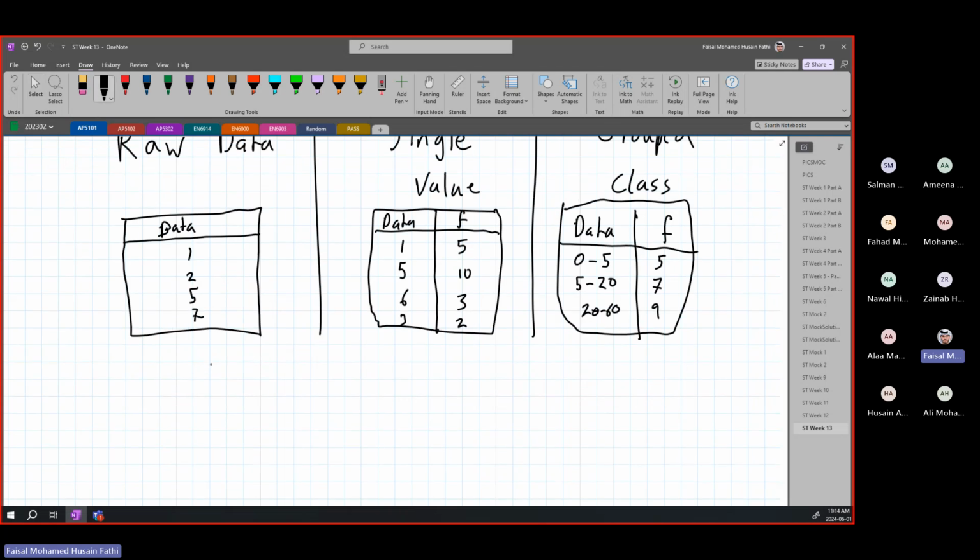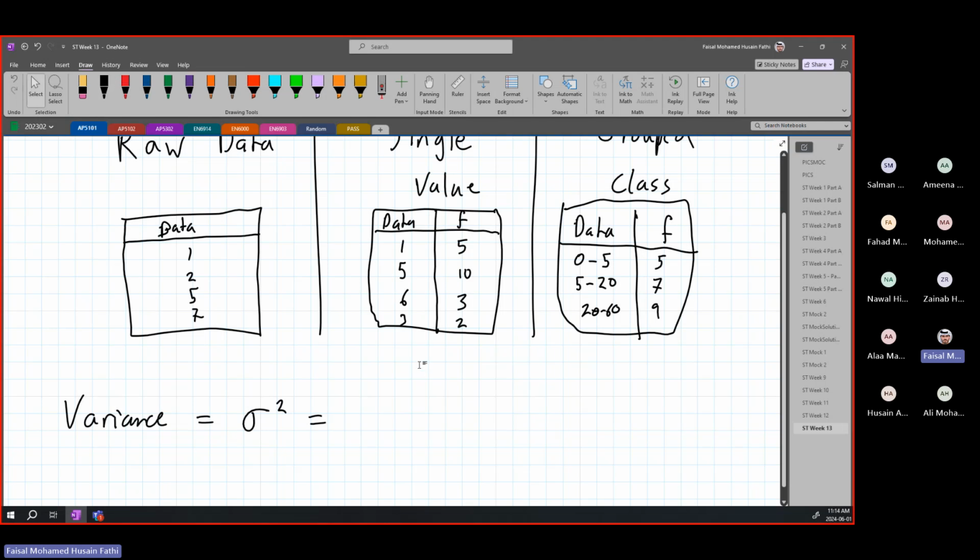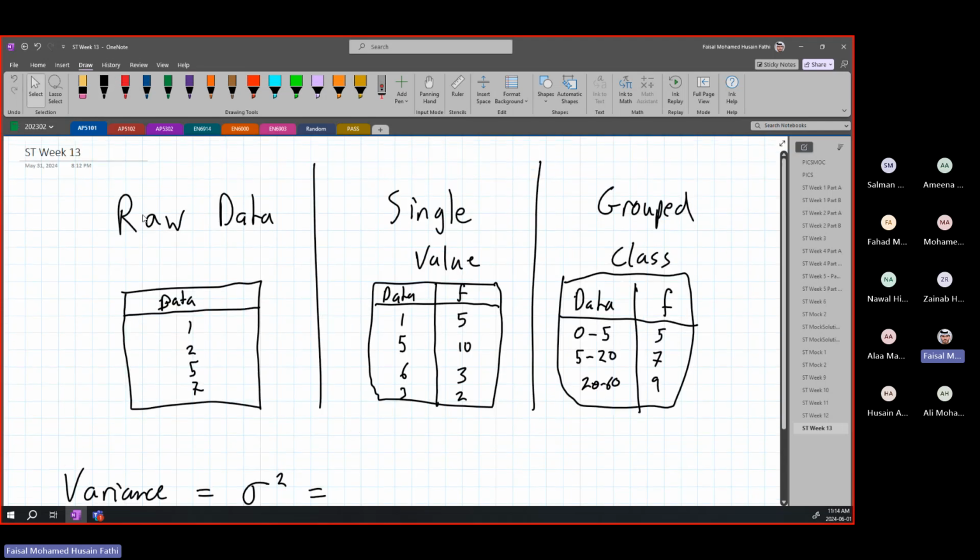So variance is equal to sigma squared, I should say. This is the notation for it, which is equal to different equations, I should say, depending on whether it's raw data or single value or grouped data.